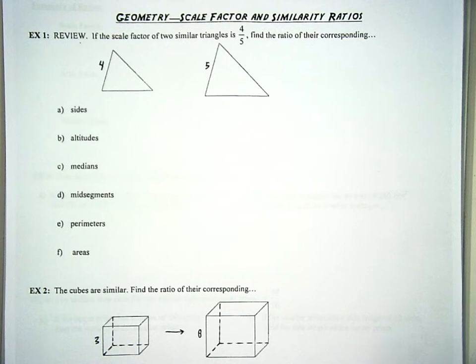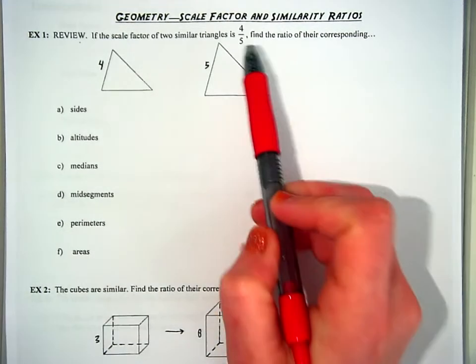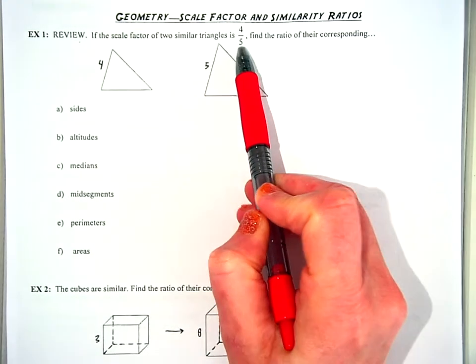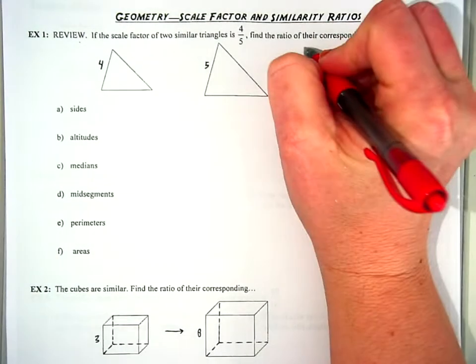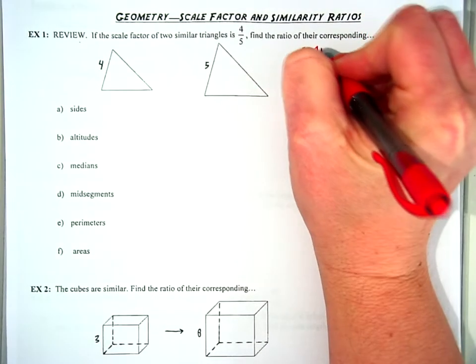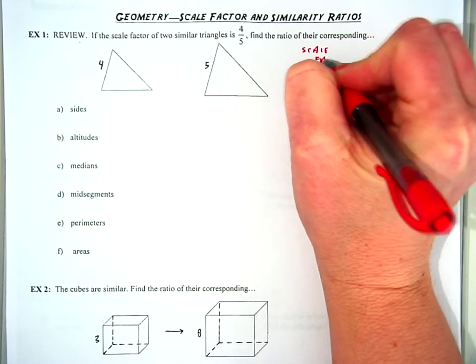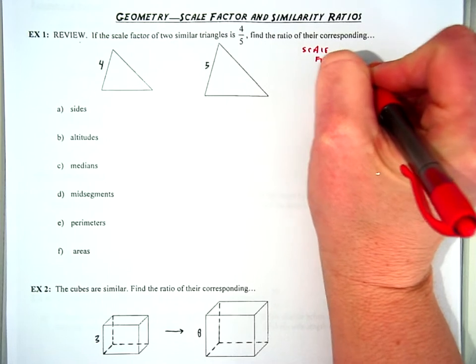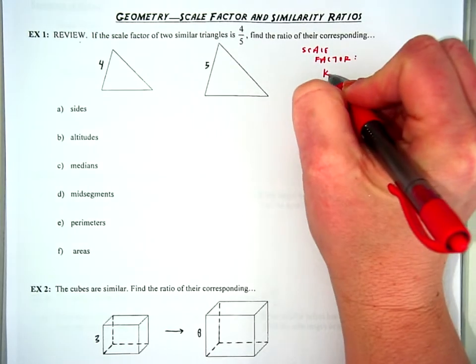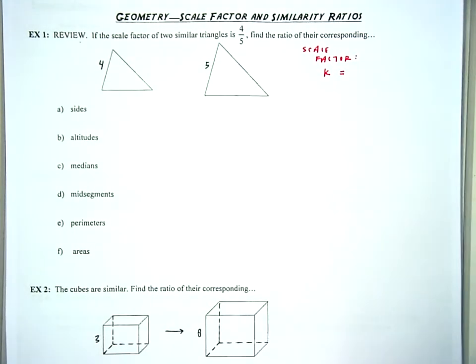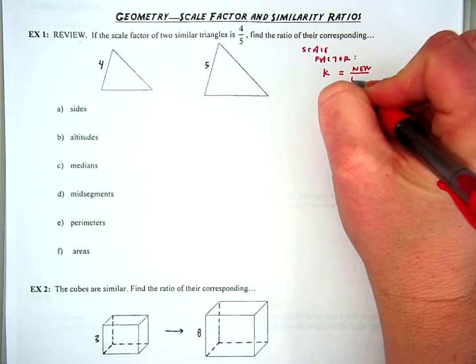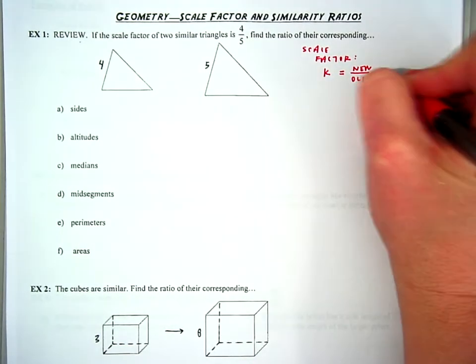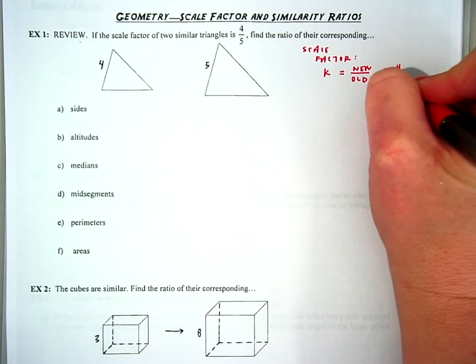So here, just remember that when we're talking about scale factor, we've referred to that as K. So K, our scale factor, is the ratio of new to old. So if we're saying that that's a ratio of 4 to 5, we're saying that the ratio of new to old is 4 to 5.